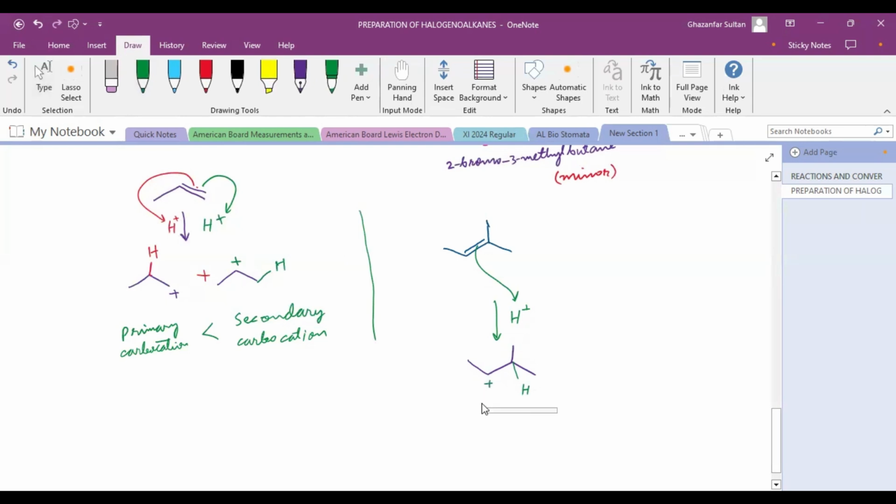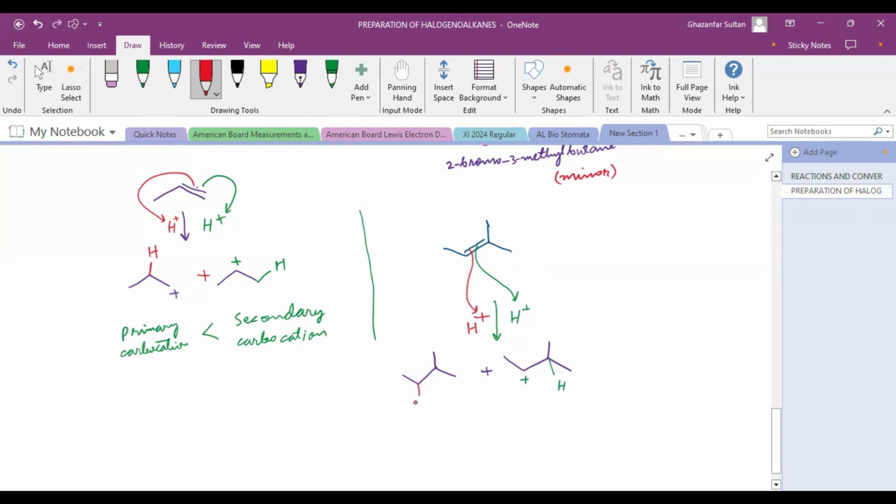But there is another chance that instead of here, hydrogen ion is attacked by the other carbon atom. Means pi bond attacks in a way that hydrogen ion binds to this carbon atom, that is the third carbon atom if you number from here 1 2 3.